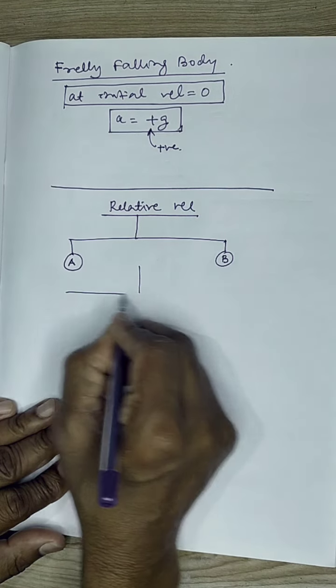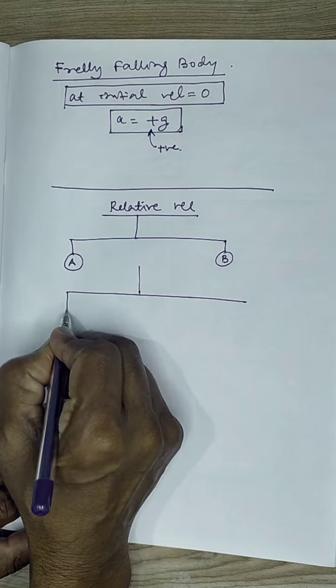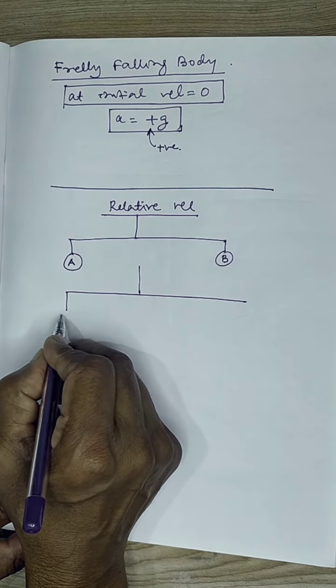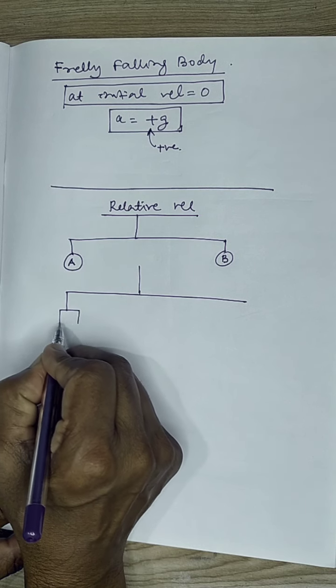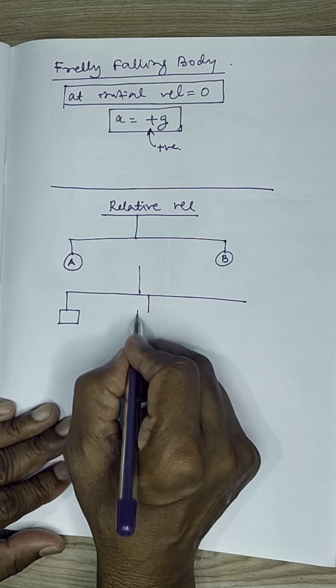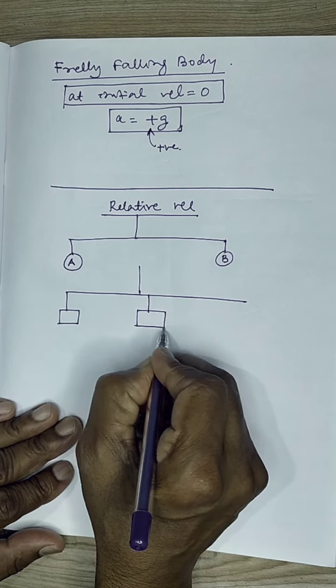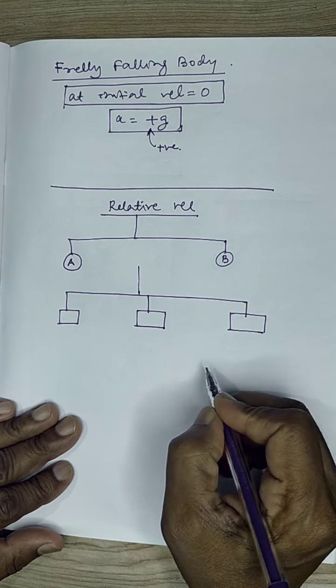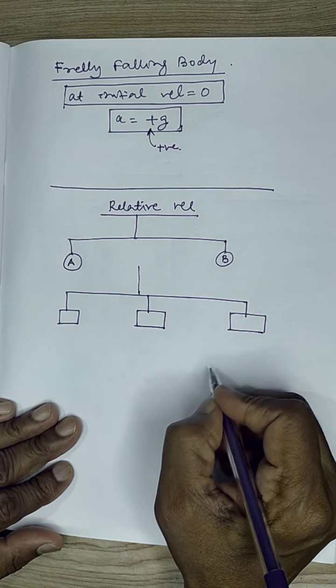We can categorize relative velocity under movement of vehicles and crossing the river or swimming along the river.